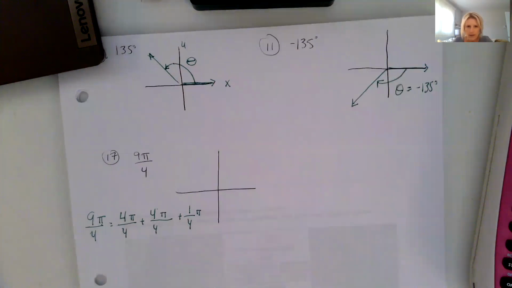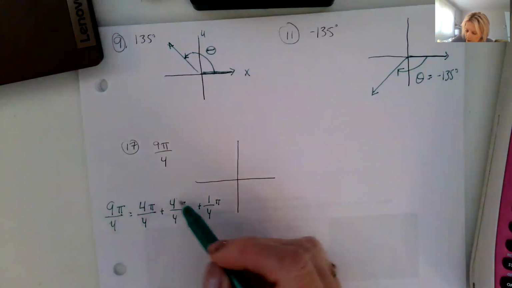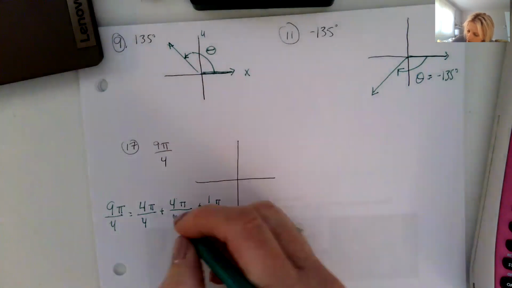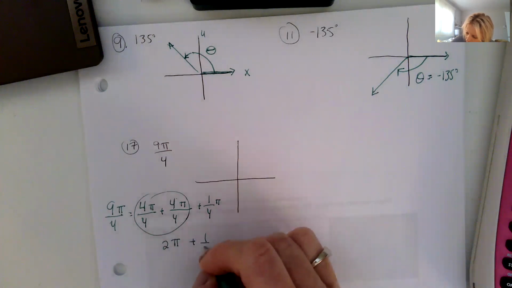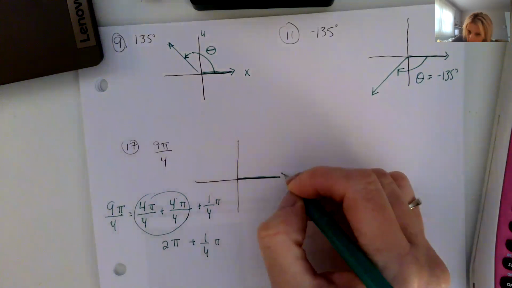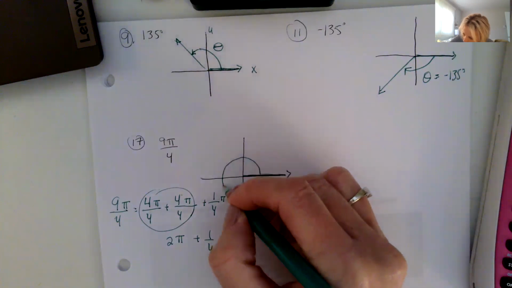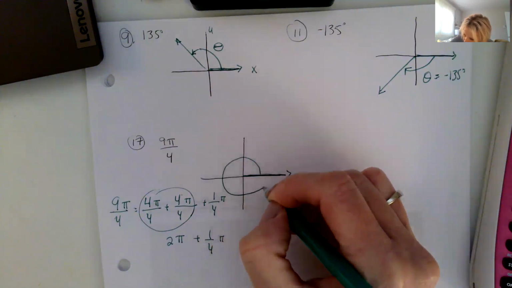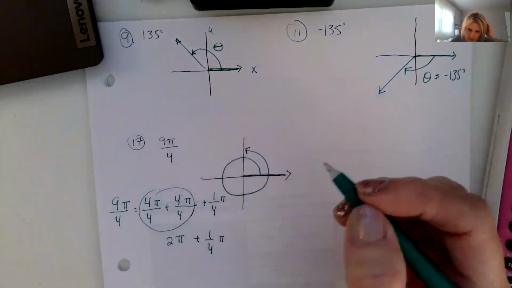So you can break this down that we went 1 pi, 2 pi. So we've gone 2 pi plus 1/4 of a pi. So we're going to start here on our initial side, and we're going to go 2 pi, all the way around, and then we're going to go 1/4 of the way right there.